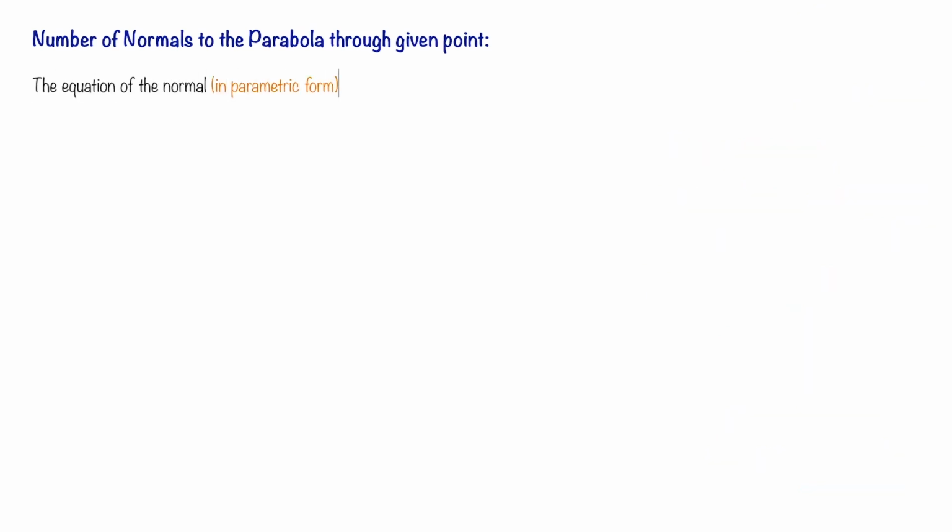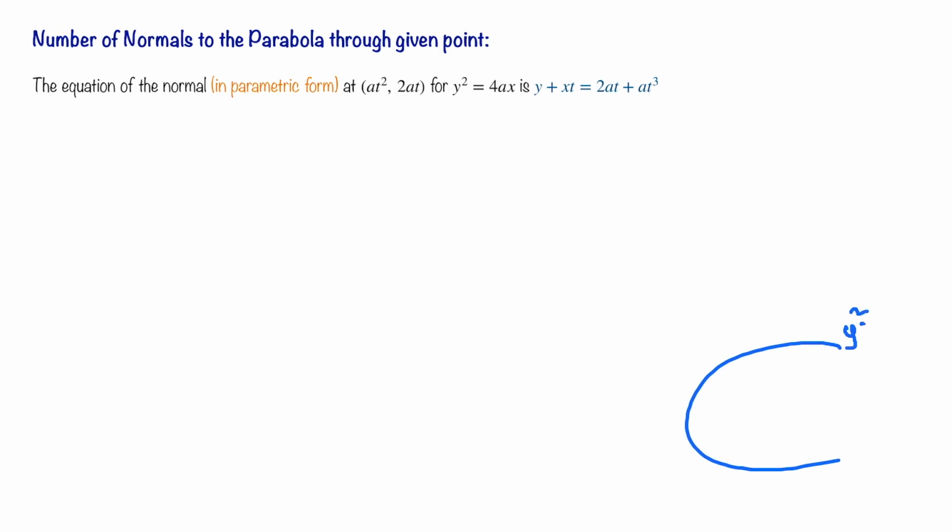The equation of the normal in parametric form at (at², 2at) for the parabola y² = 4ax is y + xt = 2at + at³. Here let me draw the standard parabola y² = 4ax.